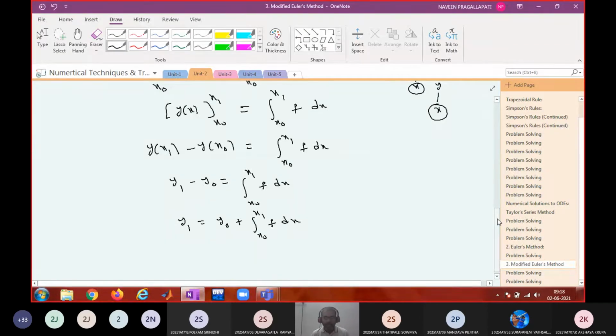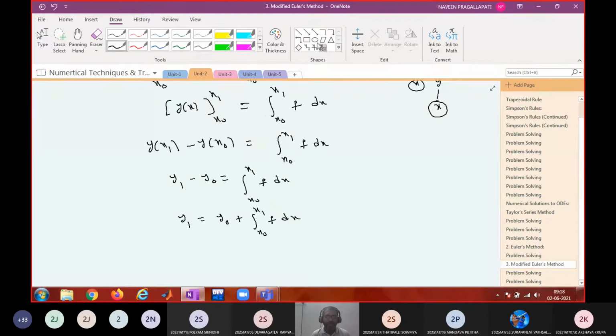Now what do I have to do? This is a numerical integral, right? This is a definite integral from one point to another point, and we know how to find a definite integral through numerical integration. Can I apply the trapezoidal rule?